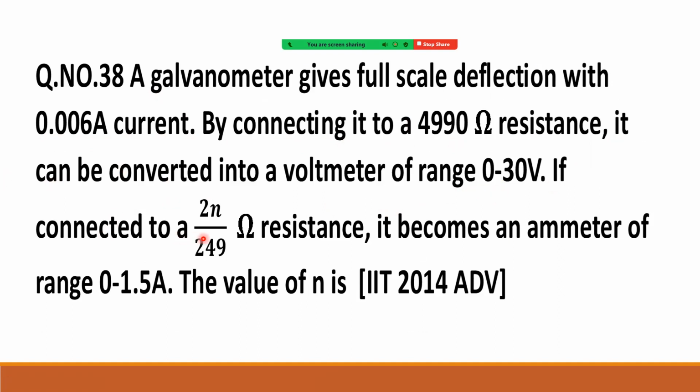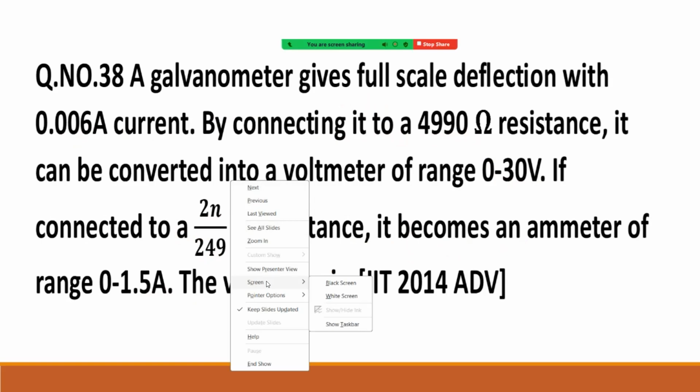If connected to a 2N by 249 ohm resistance, it becomes an ammeter of range 1.5. Students, first you have to focus here. Full scale deflection is 6 milliampere, right? By connecting this much resistance, we can convert it into a voltmeter of range 30. Let us see how we solve the problem.